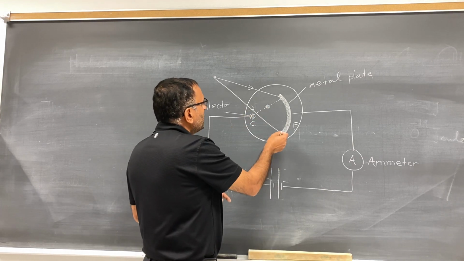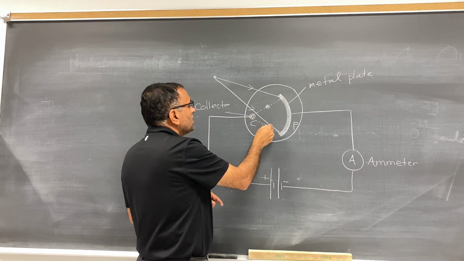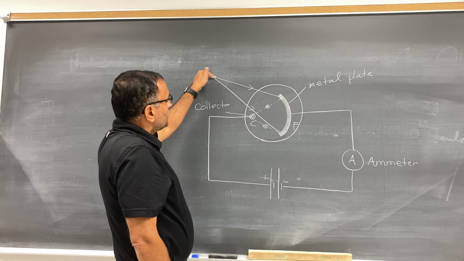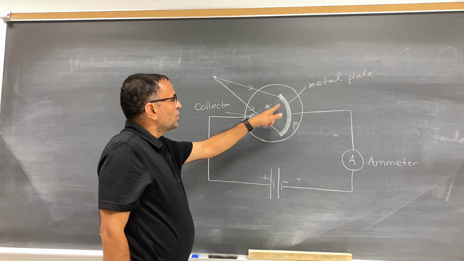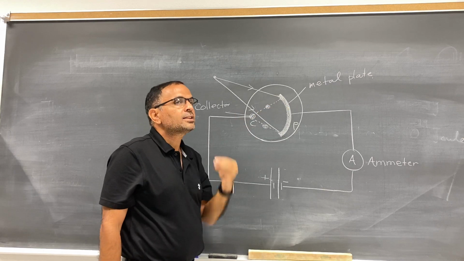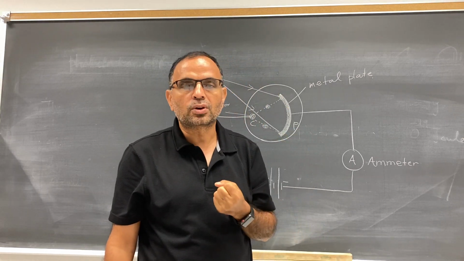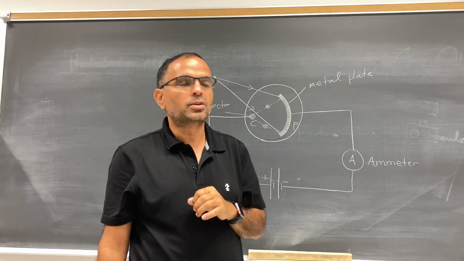Then from here also you can write like this. So another electron here. The incident light knocks out the electron from here, from there, and this ejected electron, the emitted electron, we call photoelectron. They have the same property as our regular electron.